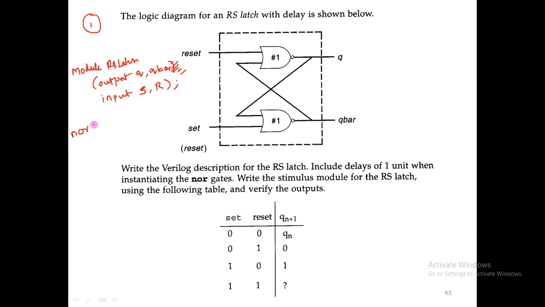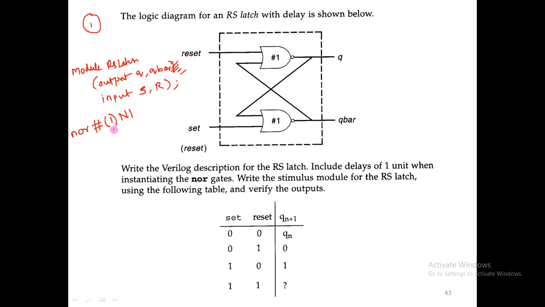I'll mention it here: hash, into the bracket 1, followed by the label. This is how we mention, between the Verilog primitive and the instantiation label, the delay.